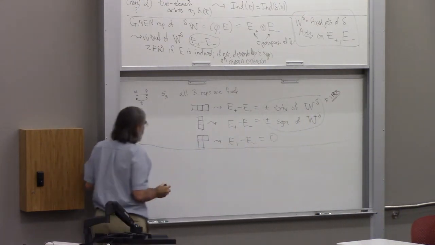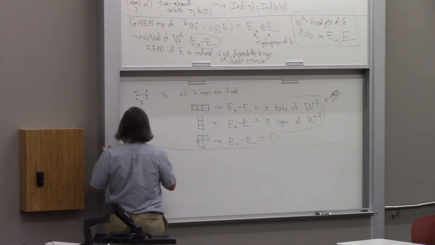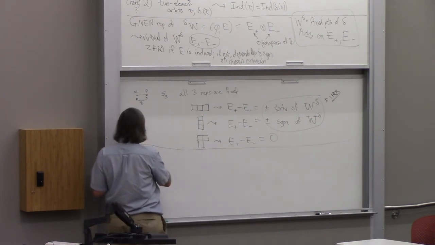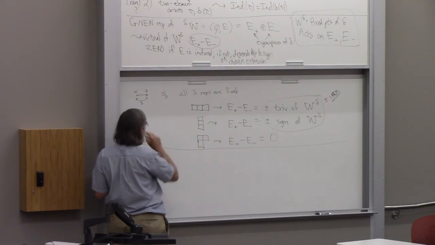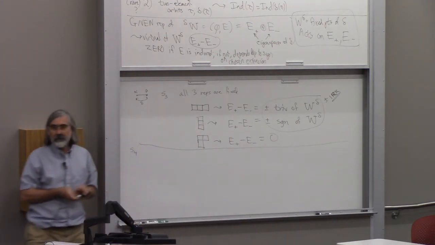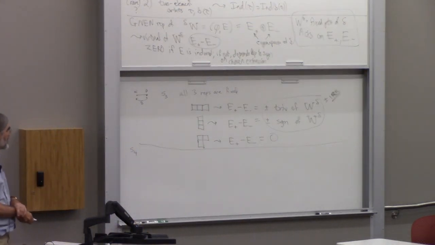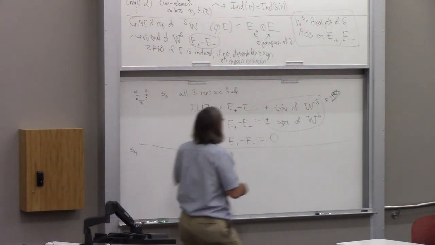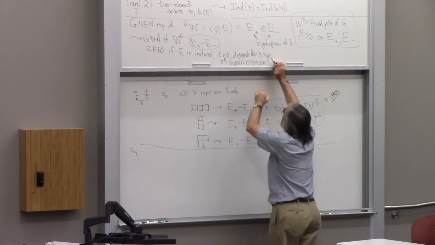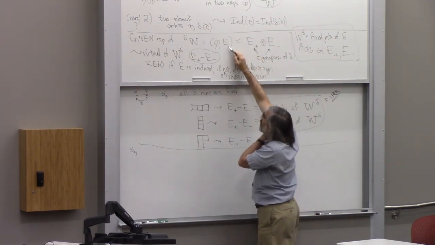So I'll just do S4. Sorry, Dave, I'm a little confused. This third case, that's two representations of W over delta? No, see, this is my bad notation. I'm taking a single representation.